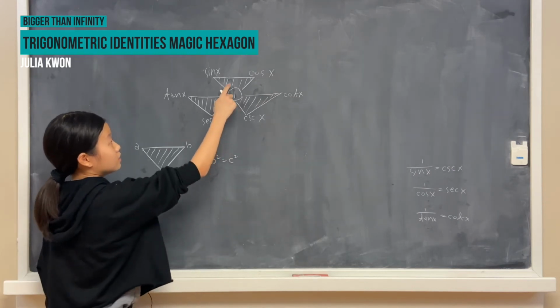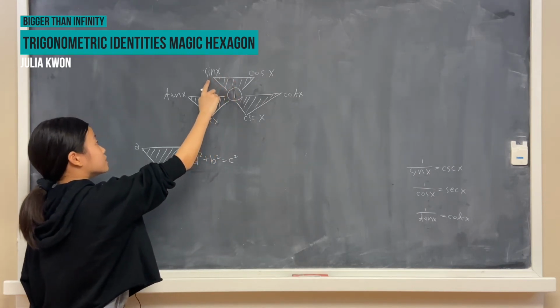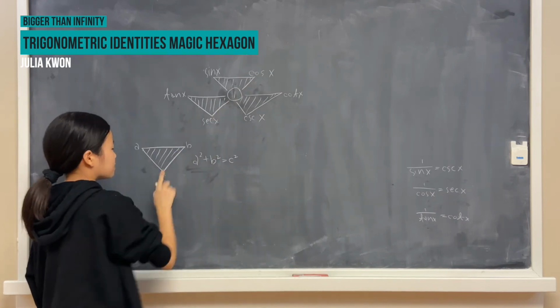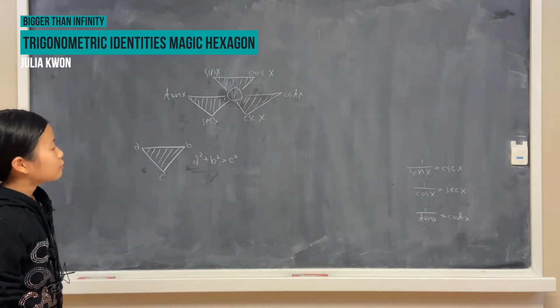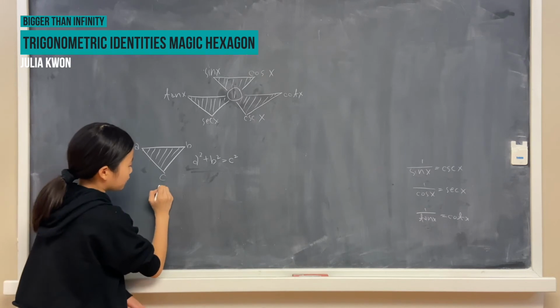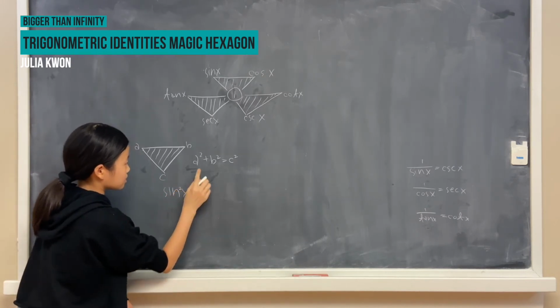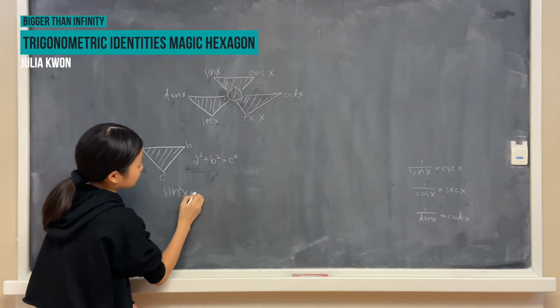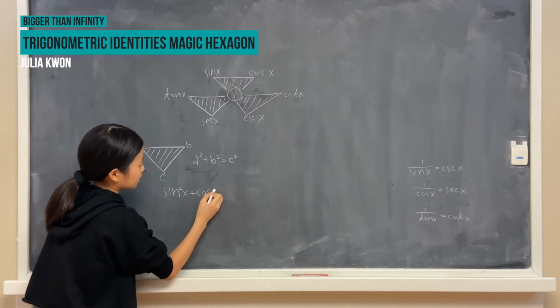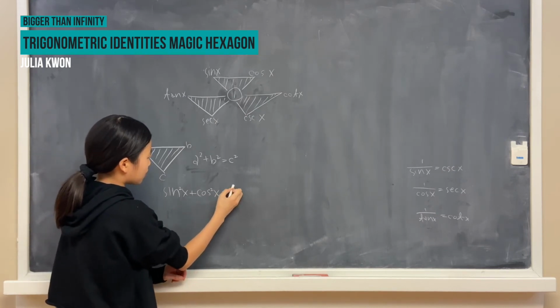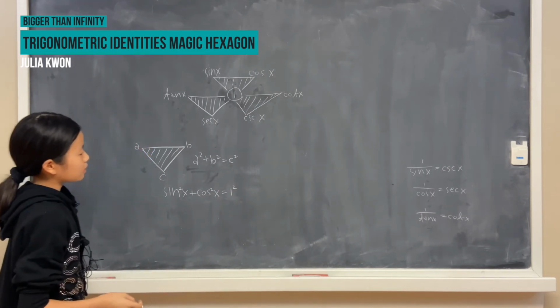And so in this triangle, the sine x is A, the cosine x is B, and the 1 is C. So if I write it down, we would have sine x squared, since the A is being squared, plus cosine x squared, since the B is being squared, equals 1 squared, since the C is being squared.